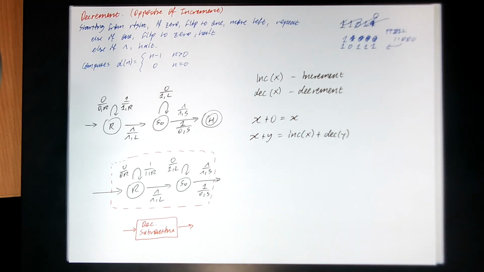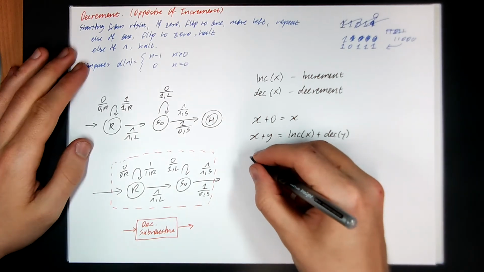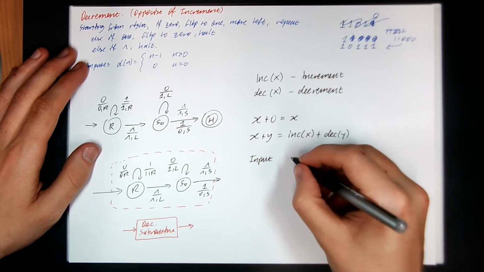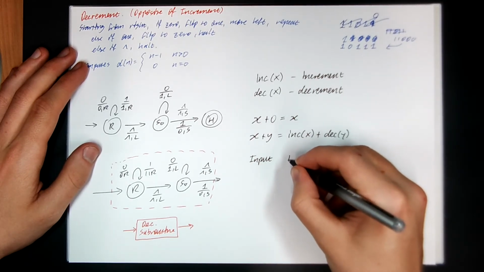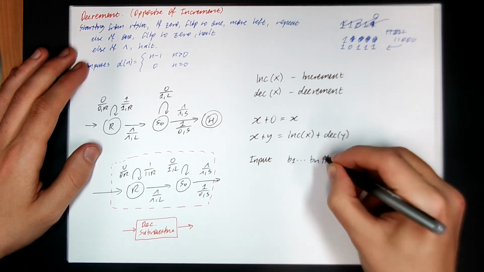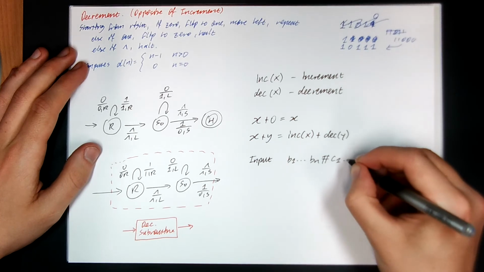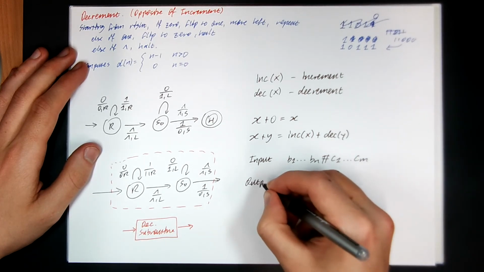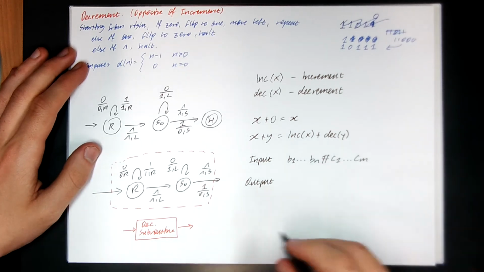Okay, so if we want to do this on a Turing machine, we're going to have two inputs, and we'll request that the two inputs are separated by some sort of hash character. So the input is going to be some number, B1 through Bn, so some number of bits, and then a hash, and then some other number of bits, and the output should be a single number.